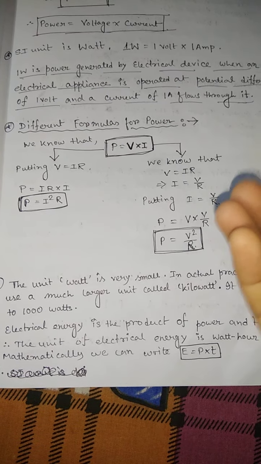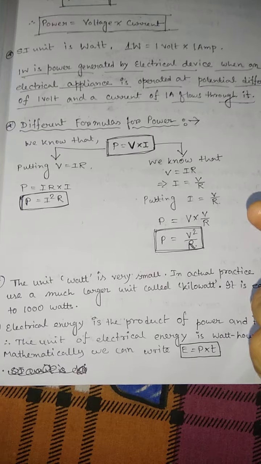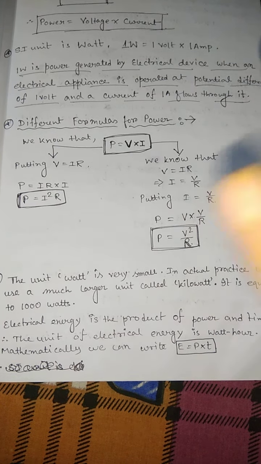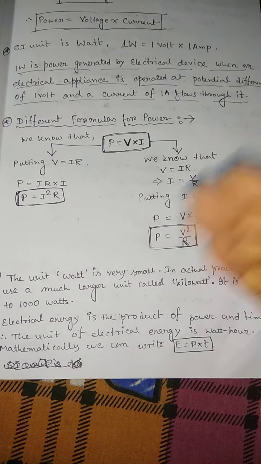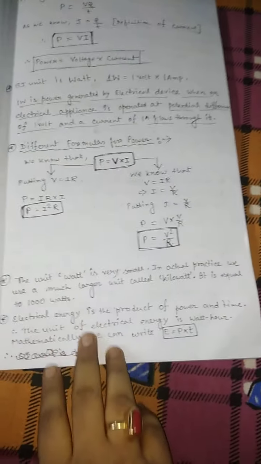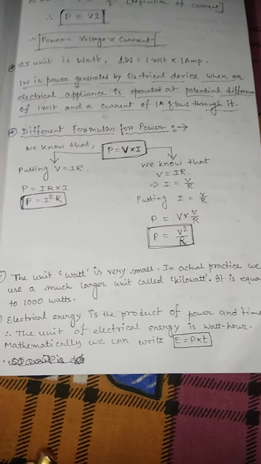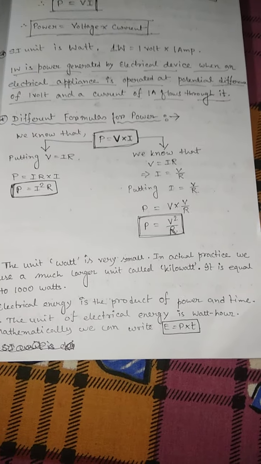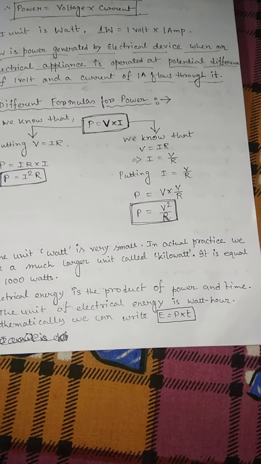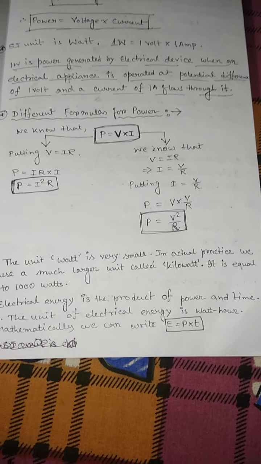The unit of power is watt. This watt is very small, but in our practical life we use a huge amount of electric current. Our household electrical appliances consume a lot of electrical power.